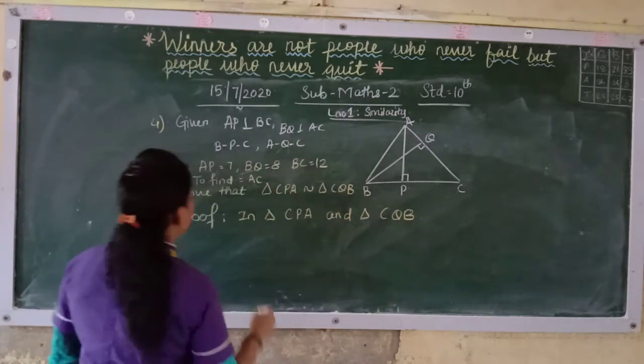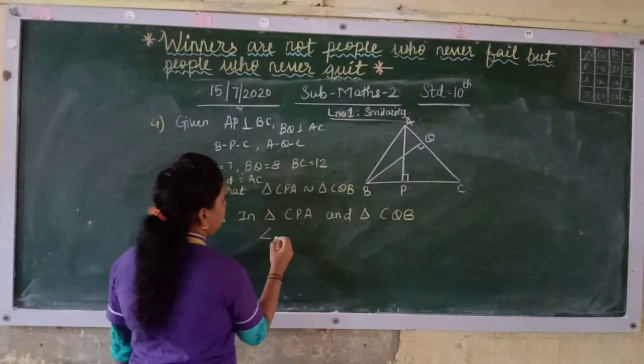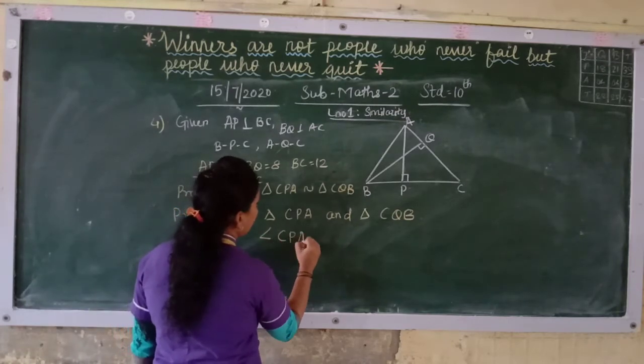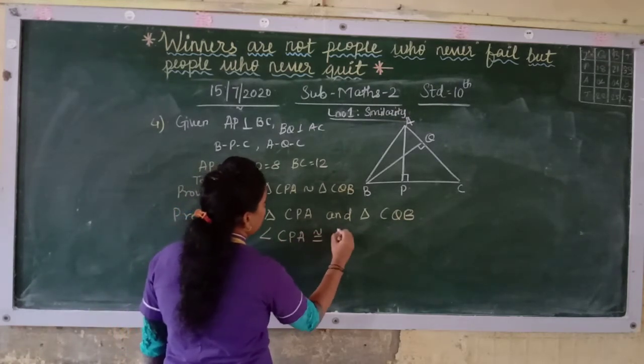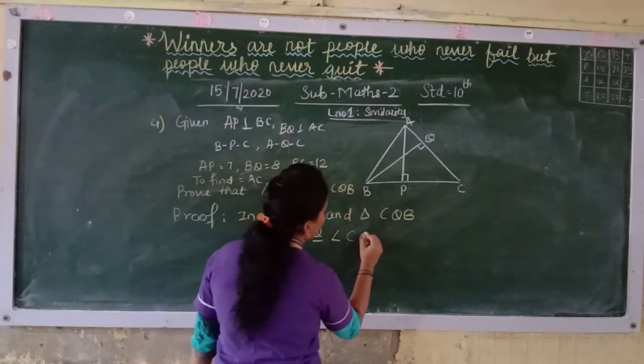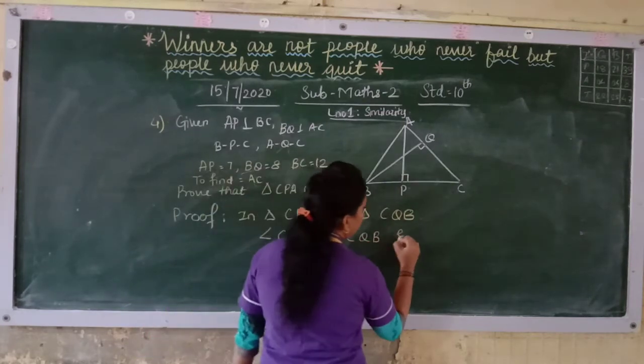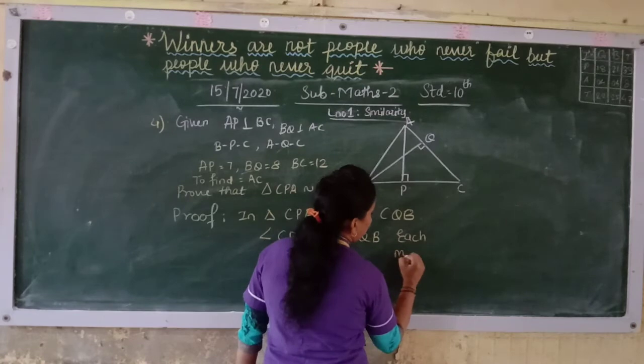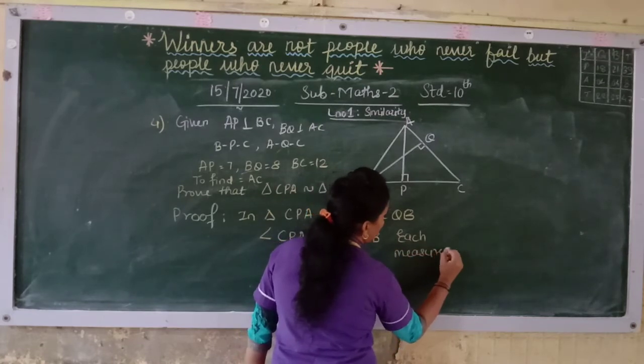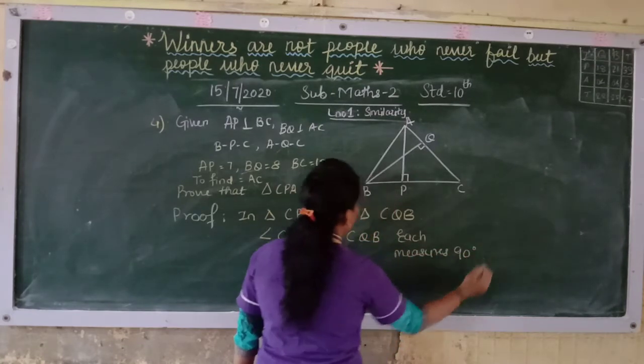So first you will get angle CPA is congruent to angle CQB. Here you will write each measures 90 degrees.